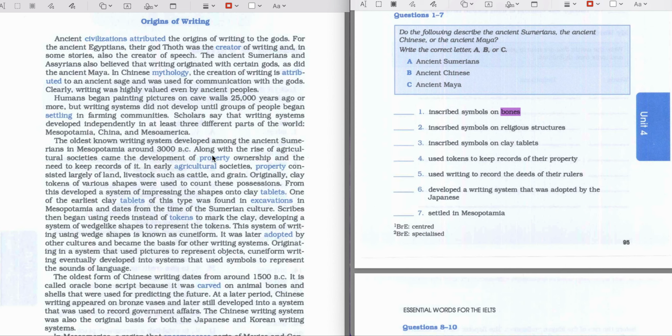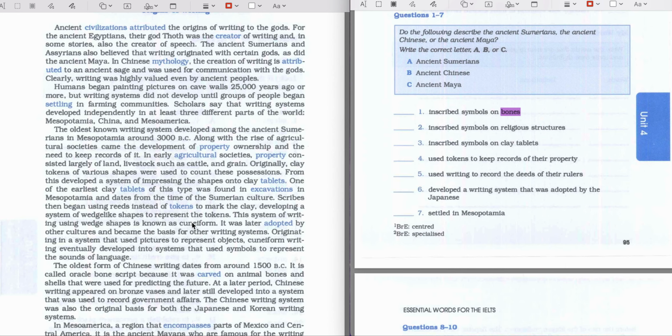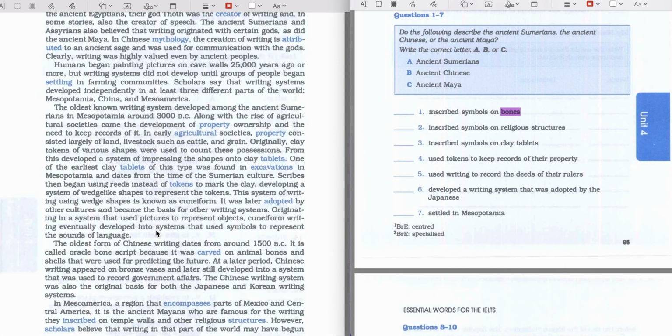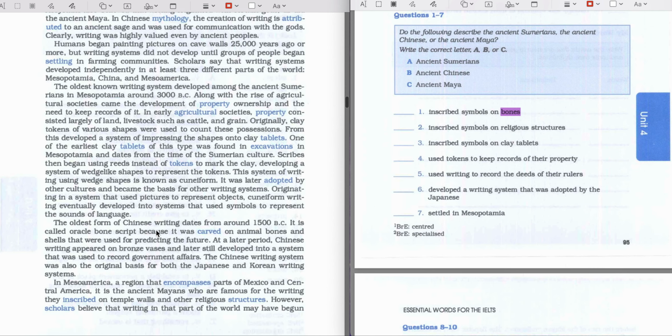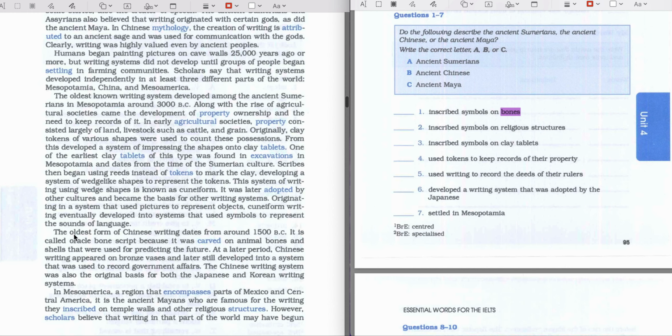On the left-hand side we have a text, and we will try to find any information related to the bones. They usually use synonyms, or some words or phrases which are related to the keyword. In the case of bones, we don't have such synonyms. We can find it exactly in the text, and when we scan it, we see the text which says it is called oracle bone script because it was cat or animal bones and the shells that were used for predicting the future.